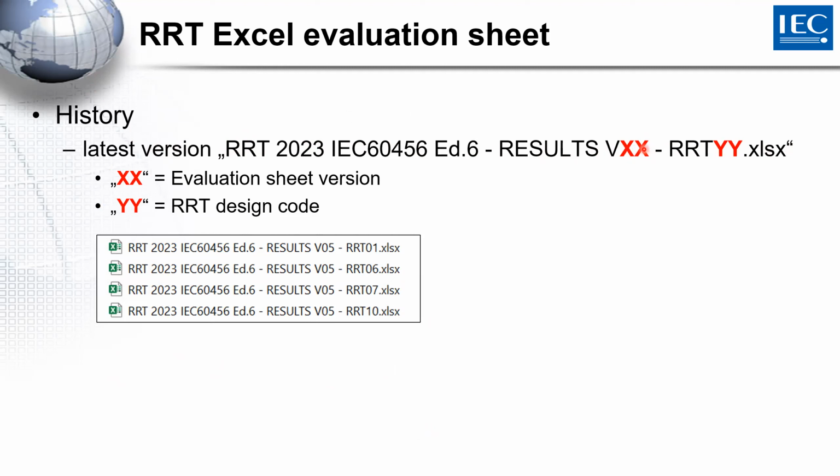The XX stands for the version. Up to date, for the evaluation sheet, it's the 5th version we are using. And then we have different round robin test designs. And here you see an example for the test designs 1, 6, 7, and 10. So this you will get from your regional leader for running the round robin test.